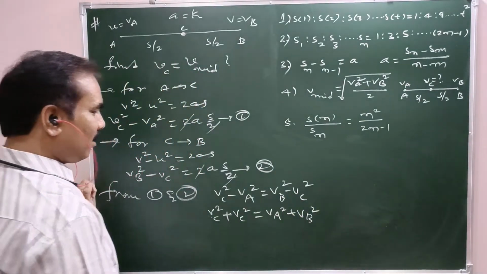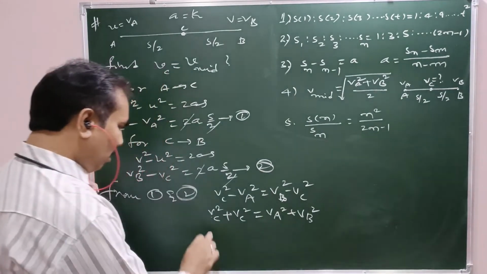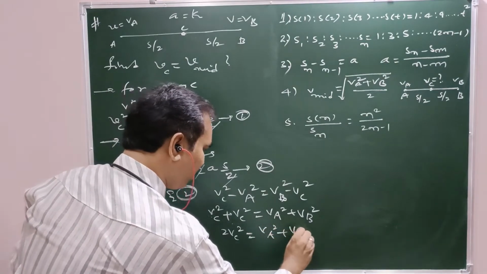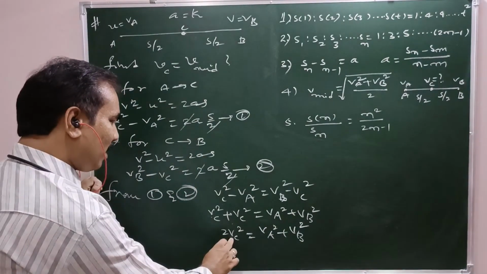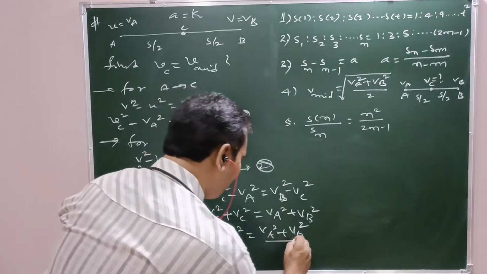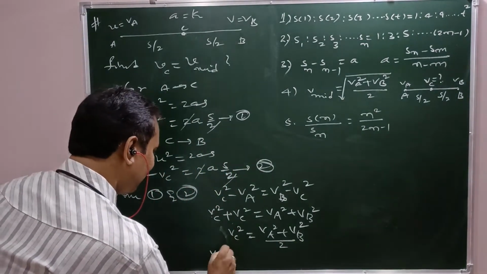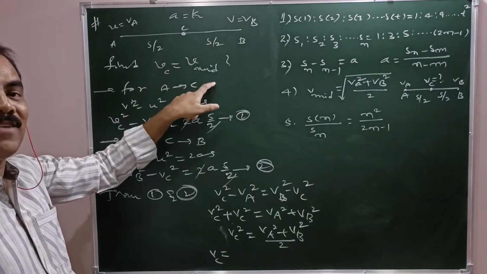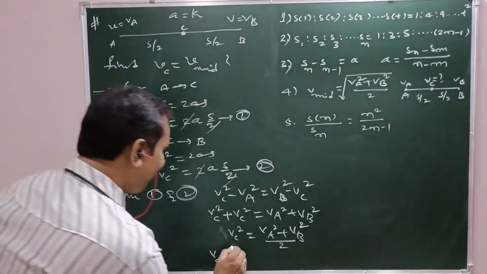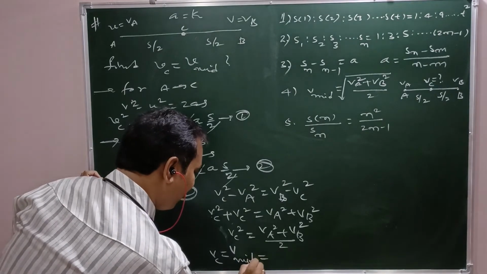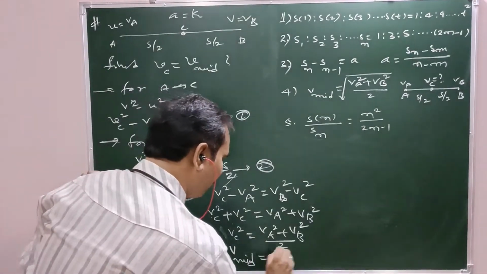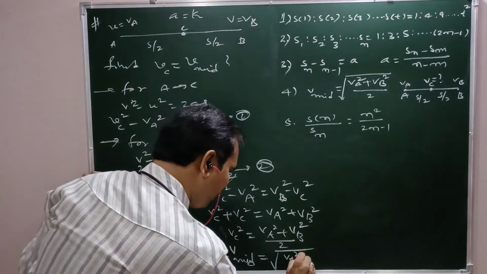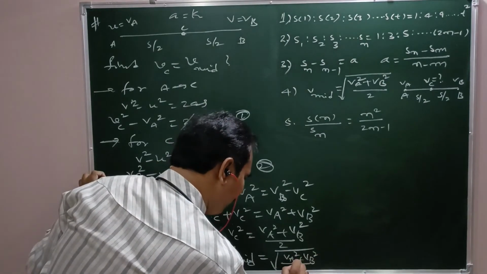So 2VC square equals VA square plus VB square. Now VC square equals that divided by 2. VC is the velocity of the particle at C, which is the velocity midway between A and B. That is V midway of A and B, given by root over (VA square plus VB square) by 2.